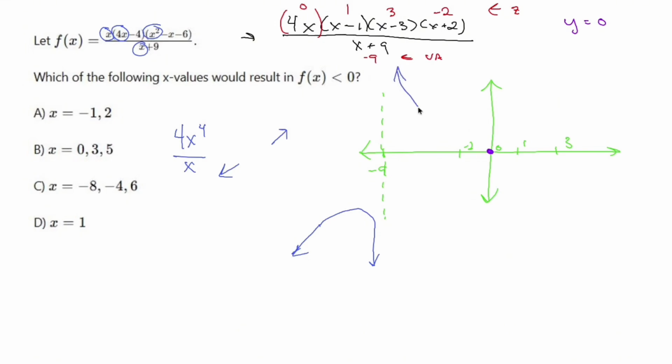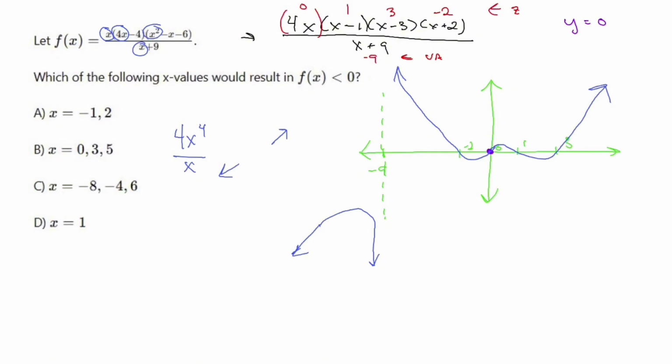It's going to come down, go through -2, and then come back up and go through 0. Now no asymptotes again, so it's going to come back down through the 1 and then back up through the 3 and go that way. Now, is this going to be the exact picture? No, absolutely not. But this is what this is going to give us.